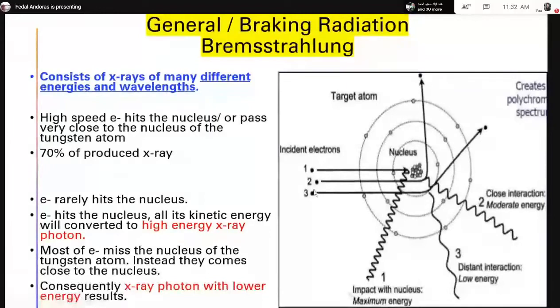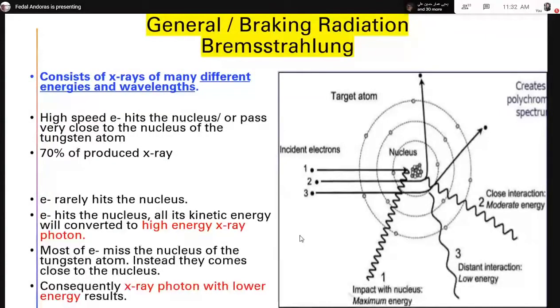So the second and third are more common, but the dream is for the first to be more common, though this usually depends on the pure energy, the accelerating power of energy, and the applied high voltage. So you know the atom interaction is uncontrolled, the electrons go haphazardly with different kinetic energy. If it hits the nucleus, good, you will get maximum energy.